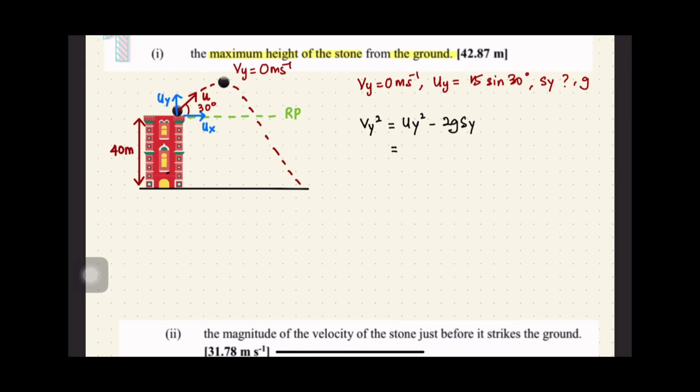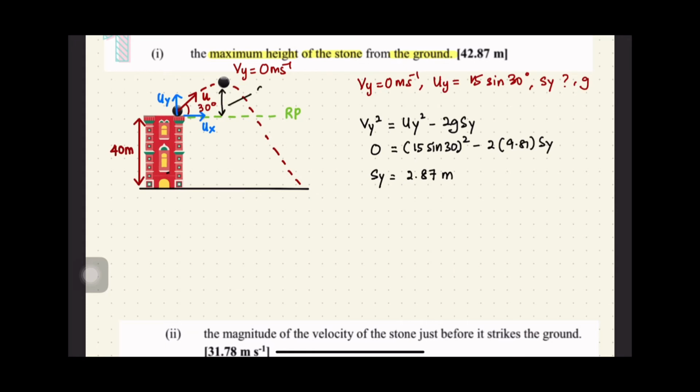Okay, so Vy is 0, Uy is 15 sin 30 power of 2, and then minus 2 times 9.81 and Sy. Sy we calculate, we will get 2.87 meter. So 2.87 meter actually comes from the reference point to this maximum height.